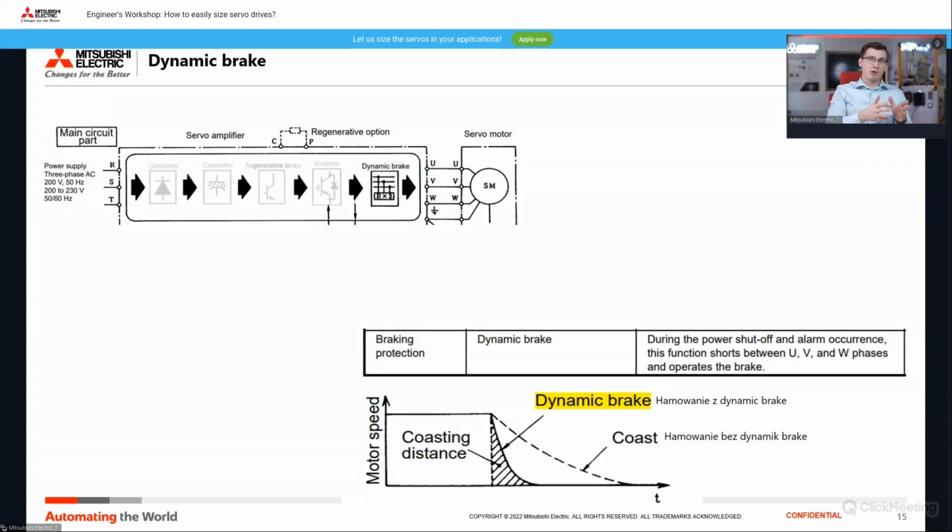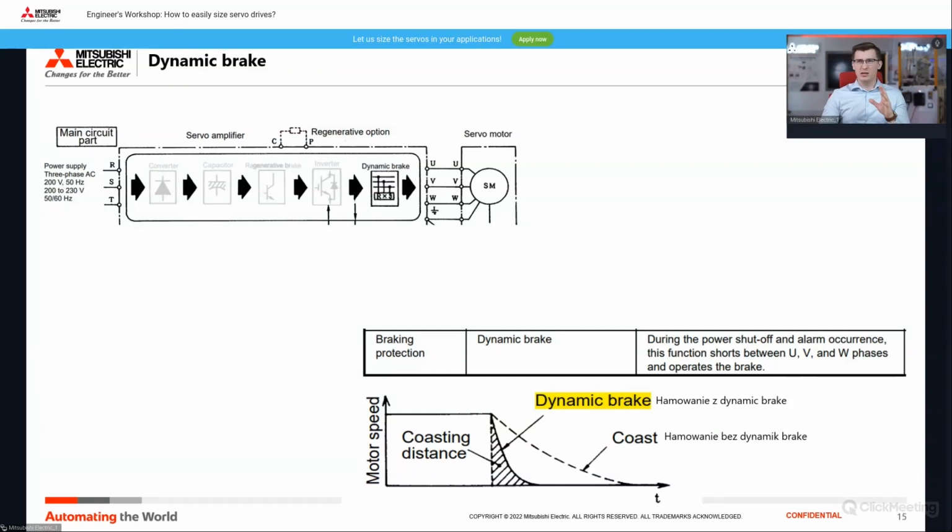So if there is a power shutdown, then the load will push the motor further and further. If you want to stop it, we can use, for example, an electromagnetic brake when we are talking about the vertical axis, and in most cases we do. But the dynamic brake can also help us to decelerate it, especially if we are talking about the horizontal axis.